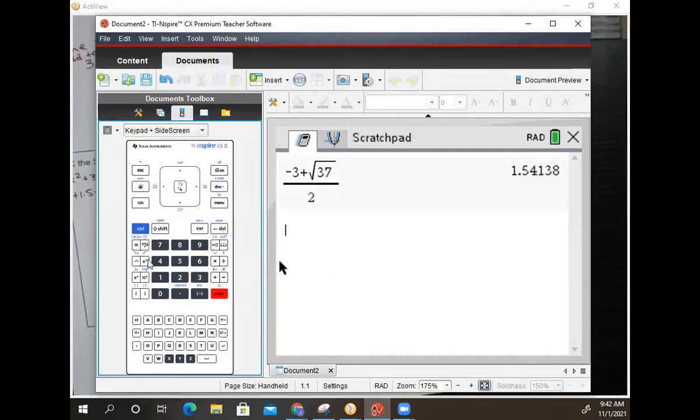That gives me 1.54, and so on. That's one of the solutions that we got. Then if I just arrow up and select this, instead of having to retype the whole thing, I just change that to minus. There's the other solution that we got. So if you want to check with the graph, you can do that and still make sure that your exact solutions are what you got from the graph.